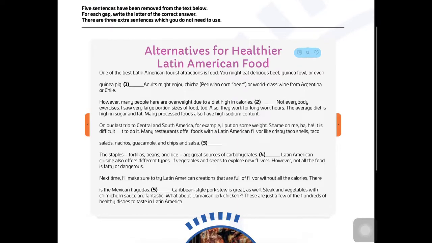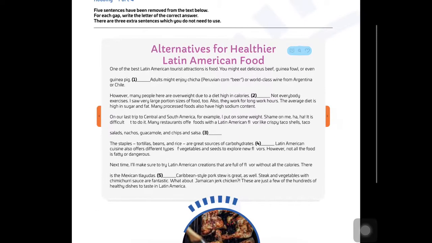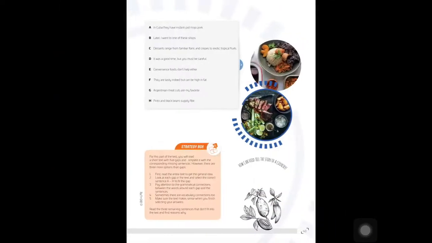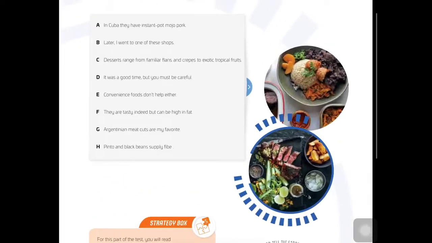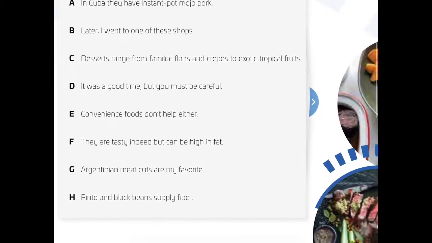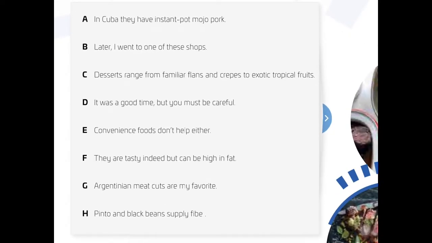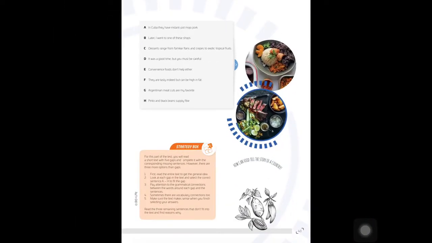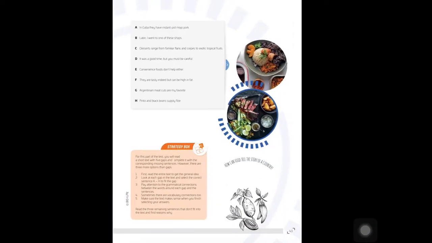So on these 5 blanks, you have to put 5 different sentences, and there are 3 that you don't have to use. Where? Here they are on the next page. These are the sentences you have to use. There are 3 that you don't have to use, so only use 5.